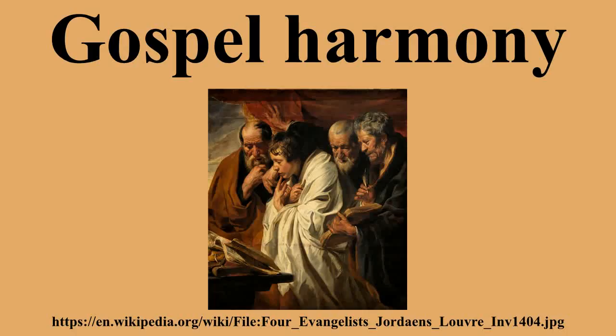A synopsis, much like a parallel harmony, focuses on key events and brings together similar texts or accounts in parallel format, usually in columns. Harmonies may also have a visual form and be undertaken to create narratives for artistic purposes, as in the creation of picture compositions depicting the life of Christ.